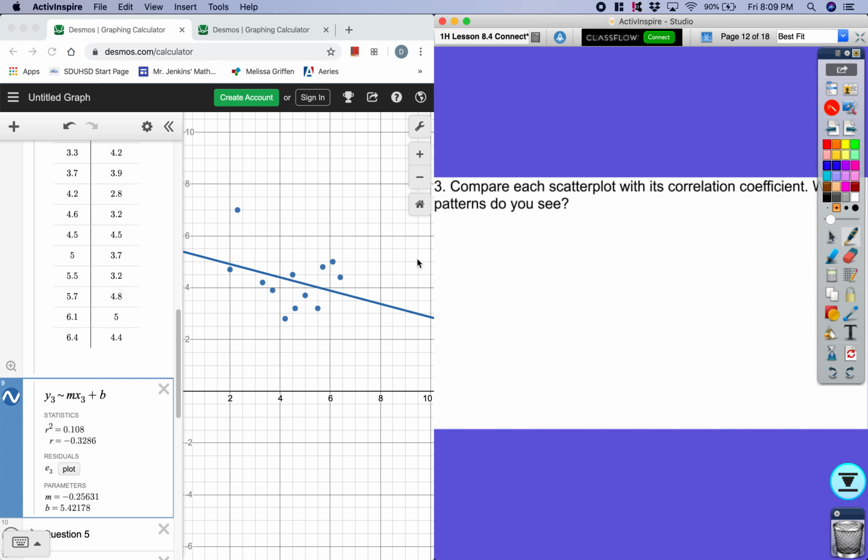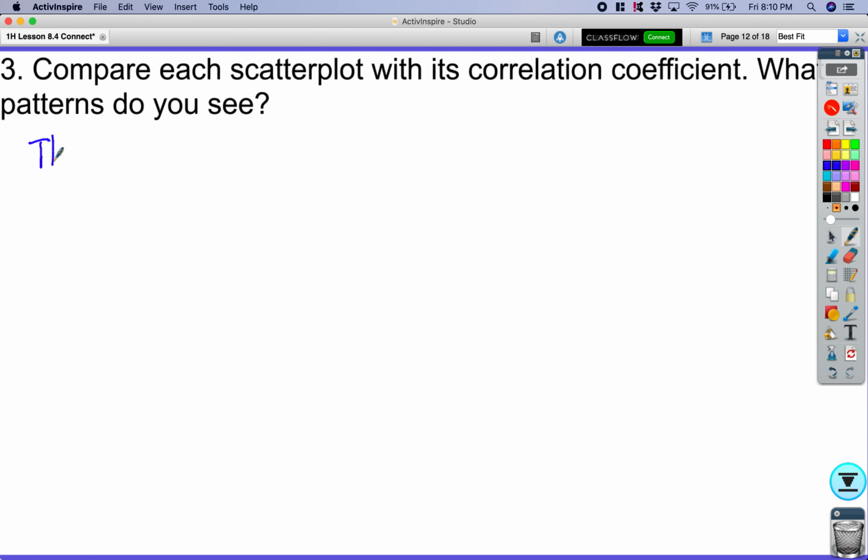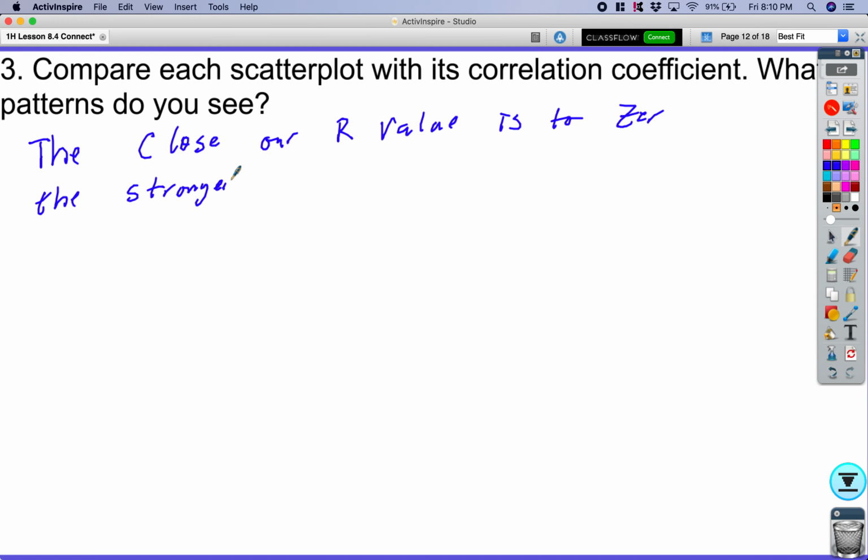Now when I compare this, compare each scatter plot with its correlation coefficient and what pattern do you see. So we kind of talked about this before, and we're going to go ahead and make this bigger really quickly. So the closer our R value is to 0, the stronger positive relationship it is.